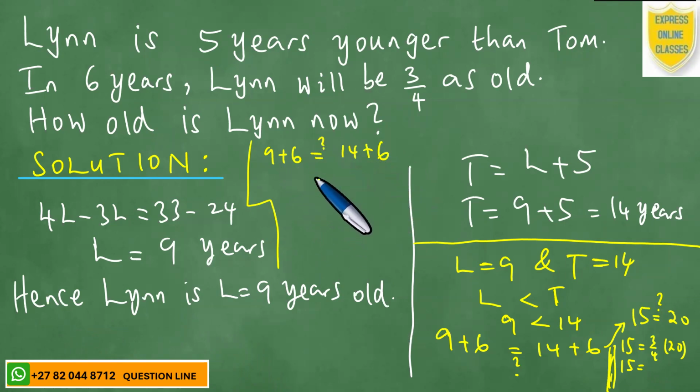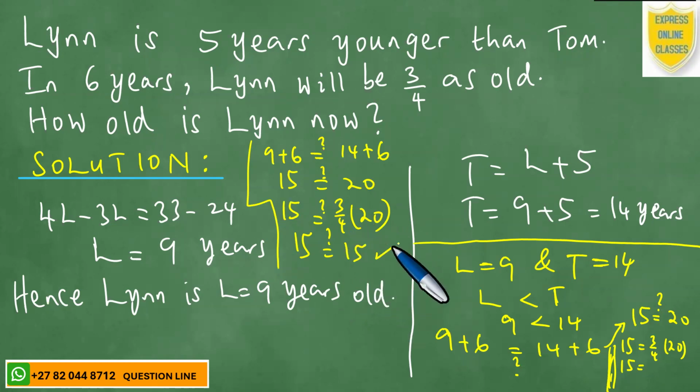Then we have 15 and 20. So 3/4 of 20: you divide 20 by 4, you get 5, and 5 times 3 is 15. Indeed, it is true that 15 equals 15.